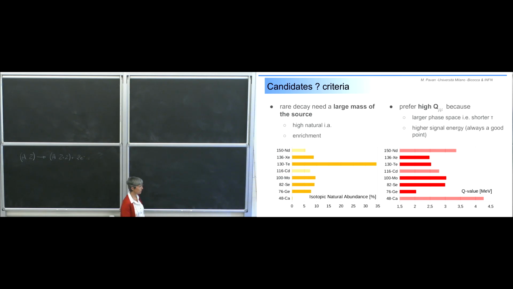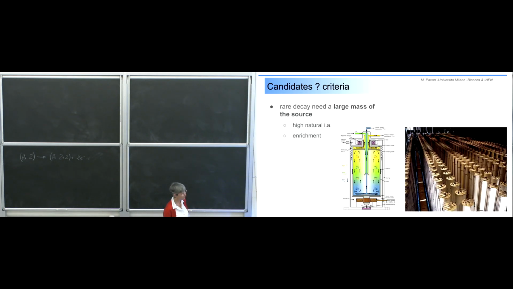I mean, there is only one technique to enrich materials that is based on the centrifugation of the natural material. And again, you can take it from Wikipedia, and it allows you to select the mass of the isotope that you are interested in.